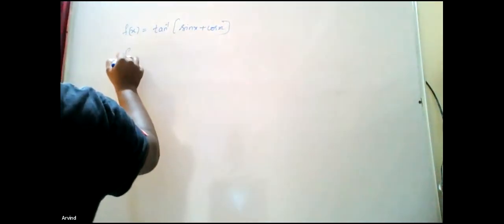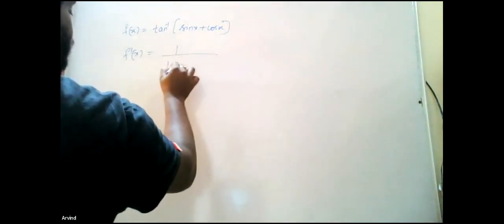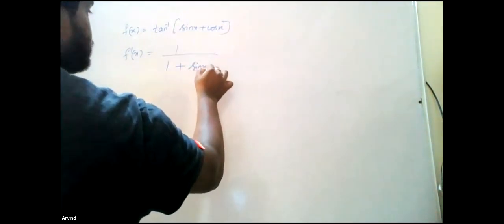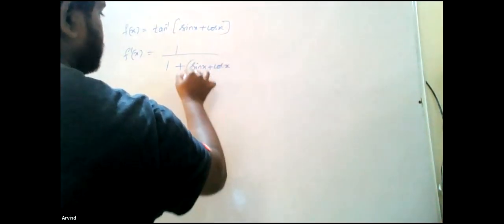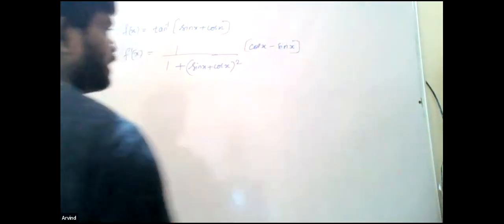So let's differentiate it. F dash of x is tan inverse x differentiation in 1 by 1 plus x square. So x jagadal ide. So sin x plus cos x the whole square. Okay. Next, differentiation of the sin x plus cos x. Sin x na differentiate ಮಾಡಿದ್ರೆ cos x ಬರುತ್ತೆ. Cos x na differentiate ಮಾಡಿದ್ರೆ minus sin x ಬರುತ್ತೆ.